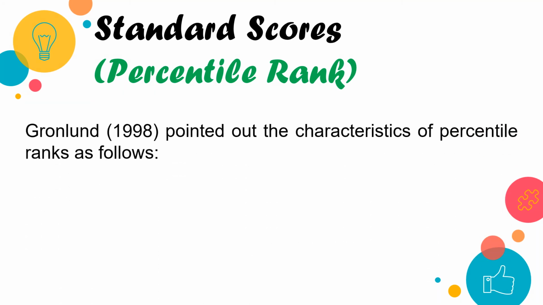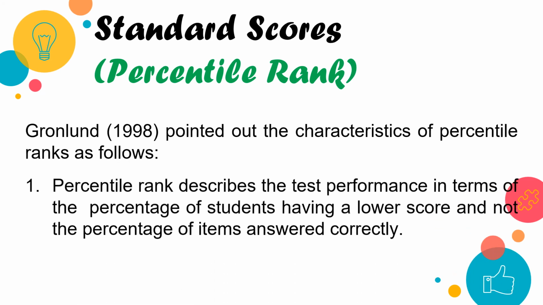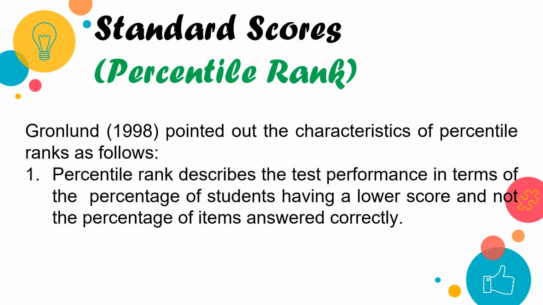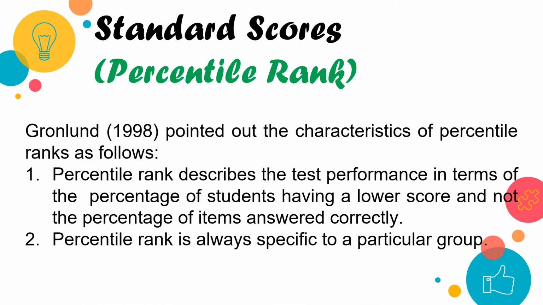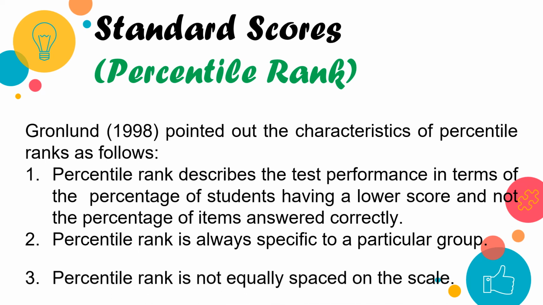Brundtland, 1998, pointed out the characteristics of percentile ranks as follows. Percentile rank describes the test performance in terms of the percentage of students having a lower score and not the percentage of items answered correctly. Percentile rank is always specific to a particular group, because the value in a particular group changes.